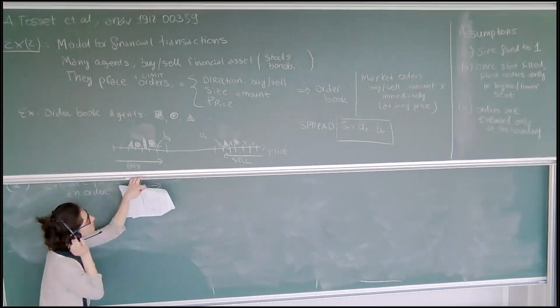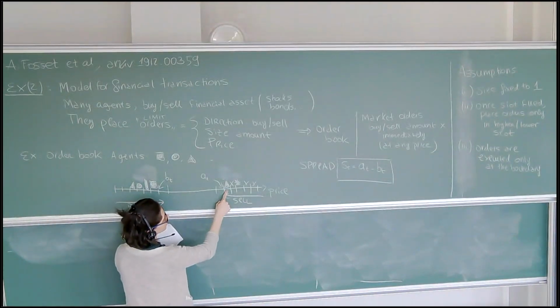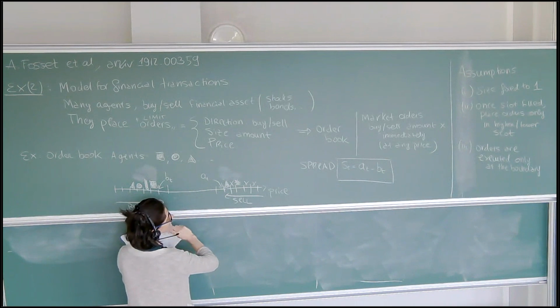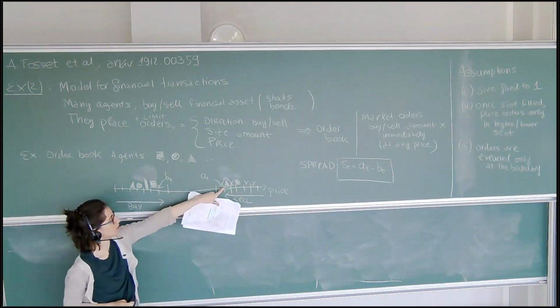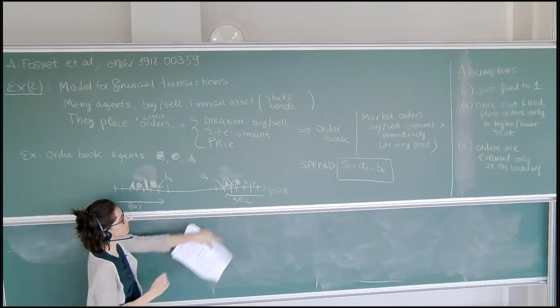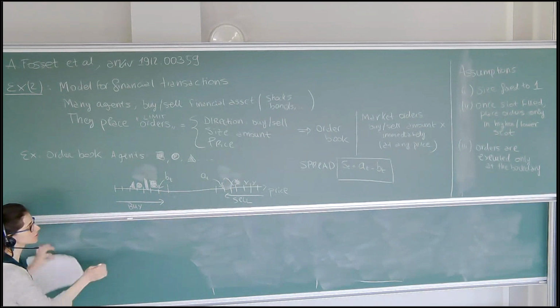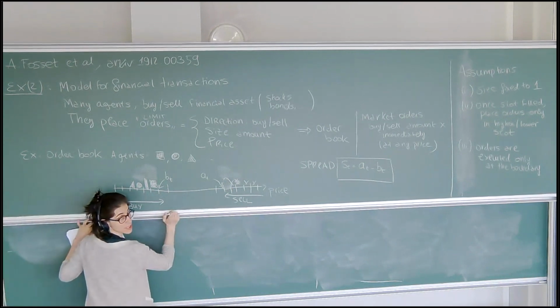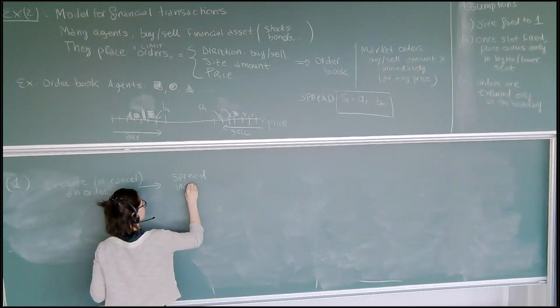Okay, so if you go back to this picture, executing an order means that now I come into the order book and I say that I want to buy 1 unit at whatever is the available price. So I will buy 1 unit of my product at this particular price, which means that this order will be executed. And if this order is executed, you are enlarging, as you see, your spread.